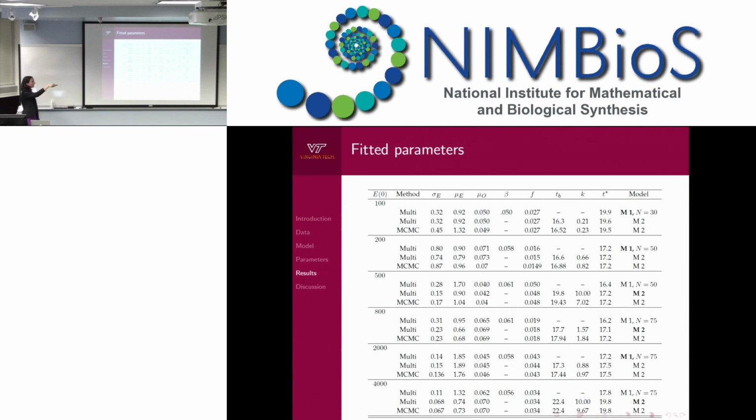The other thing I want to highlight is the value for F here. F is the fraction of ookinetes that go on to become bursting oocysts. And these are all very small values, on the order of 1, 2, 3, 4, 5%.